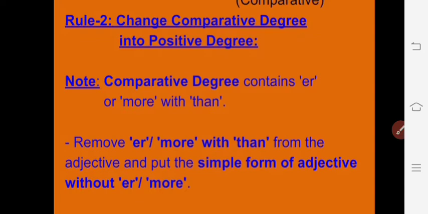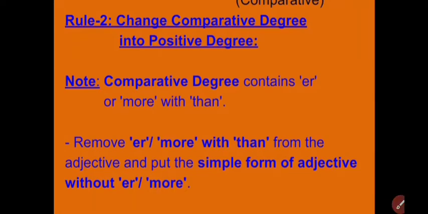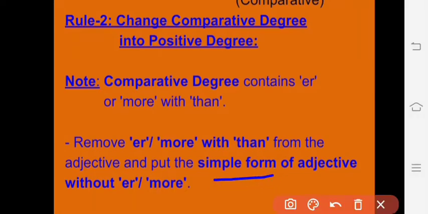Now the second step is that you remove er or more with than from the comparative adjective and put the simple form of the adjective without er or more. Means if you want to convert comparative degree, er or more is given in the sentence, but while you convert into positive degree, you have to remove er or more and put the simple form of the adjective.